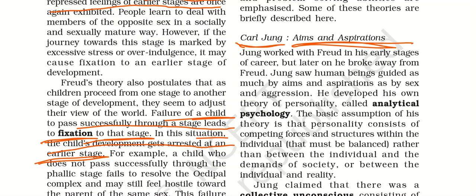Jung saw human beings as guided as much by aims and aspirations as by sex and aggression. Freud's focus was completely on the sexual and aggression principle, like the life and death principle. But with Jung, his focus was not completely driven by sex and aggression. He says human beings work according to their aims and their aspirations.